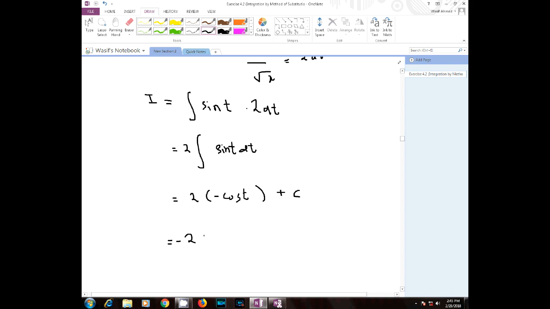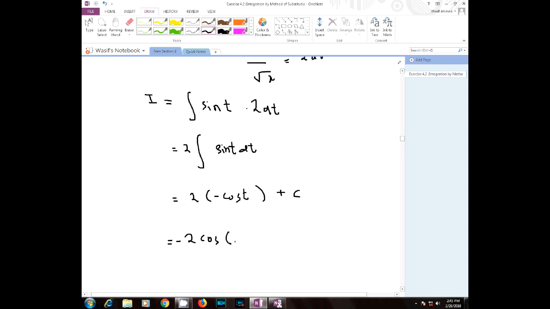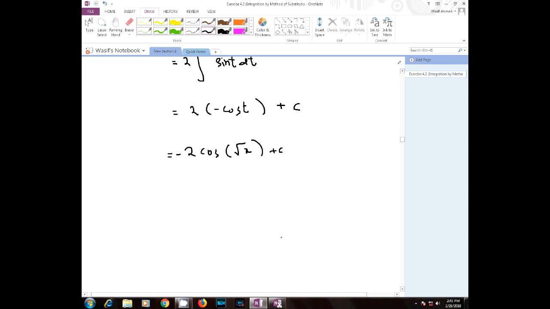Replace back the value of t, cos, and instead of t we have square root x, plus constant of integration. This is the answer.